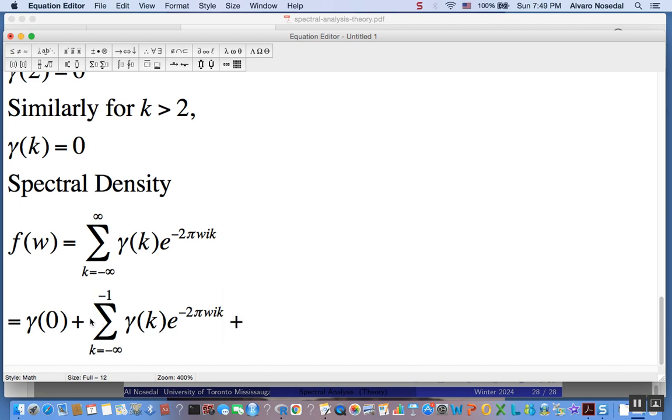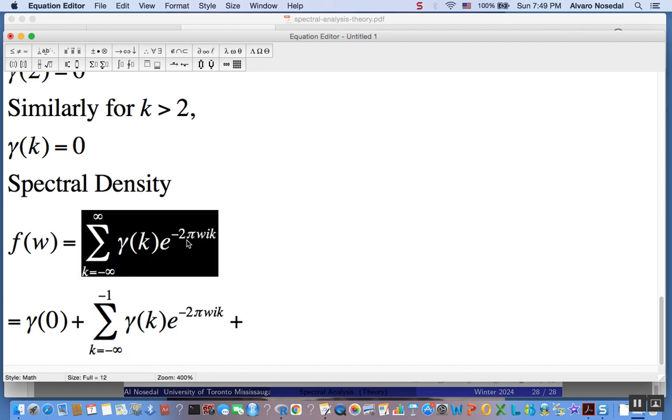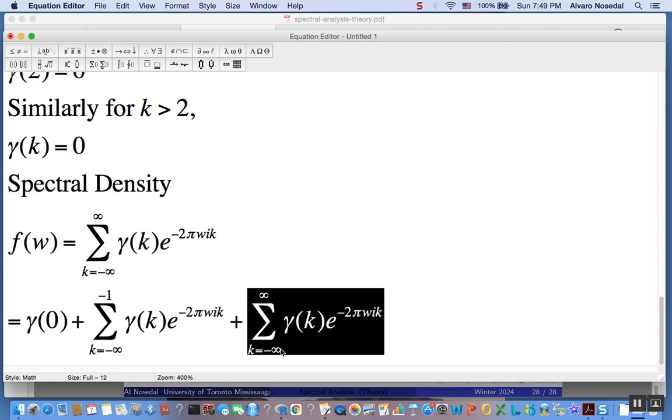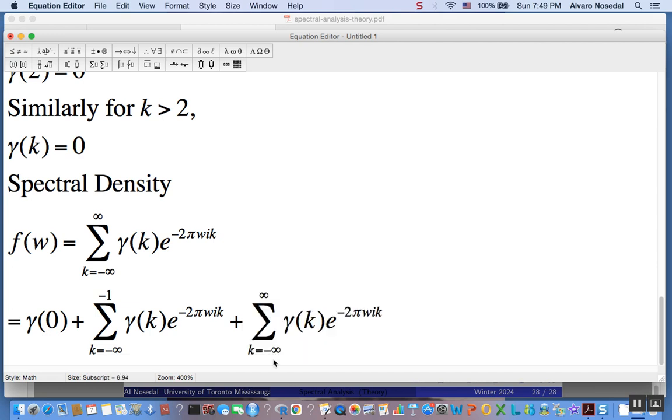Plus, I'm going to do this sum, and I'm going to remove when k equals 0 and when k goes from negative infinity to negative 1. I'm going to start from 1 to infinity. So I just re-expressed the entire series that we have here and rewrote that in terms of three terms.